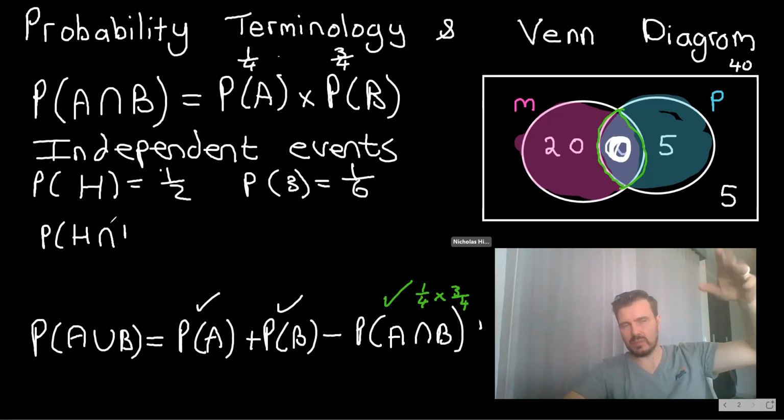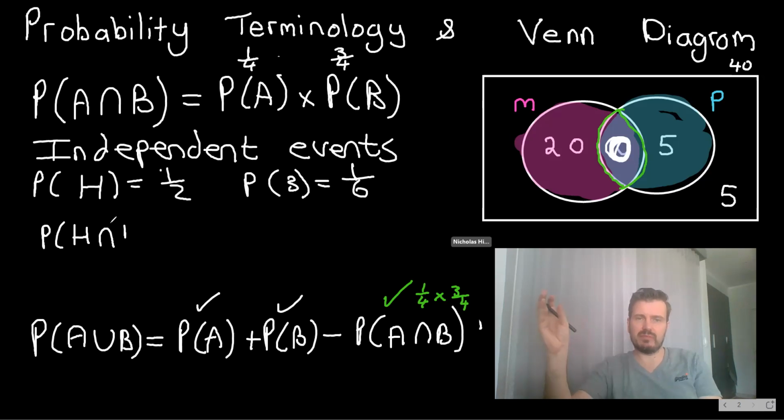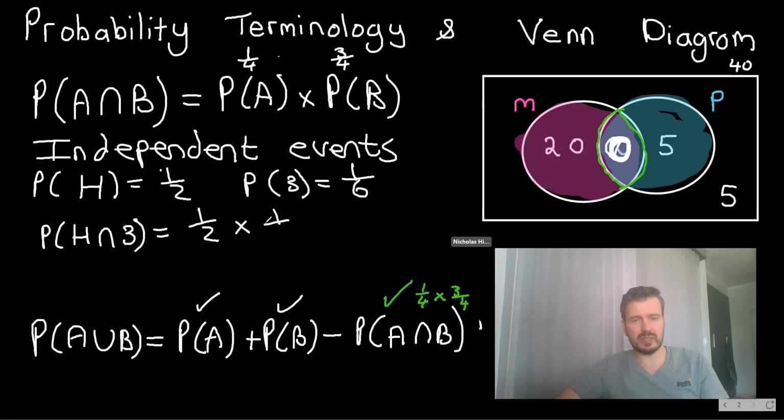If it's not loaded and works like a proper dice, then theoretically, if you throw it enough times, the probability of each number is 1/6. So the probability of a head and a 3 is equal to the half times a 6, and it's 1/12.